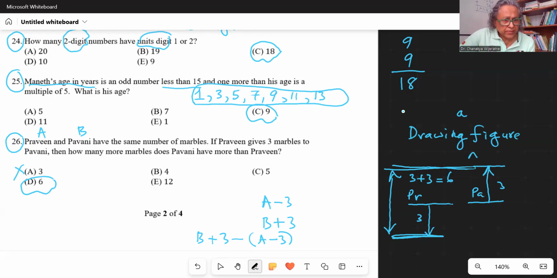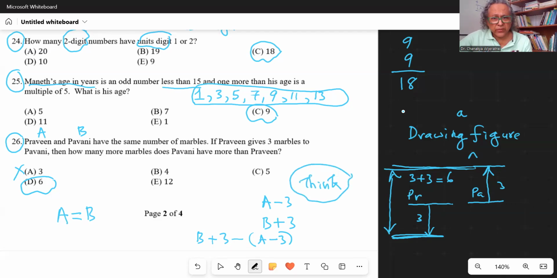Now it says that Praveen and Pavani have the same number of marbles, so A is equal to B. Still, I think I'm going to leave it to you. Maybe you can think about how to do it, as I told you in one of the videos, maybe the easy one or the medium one.